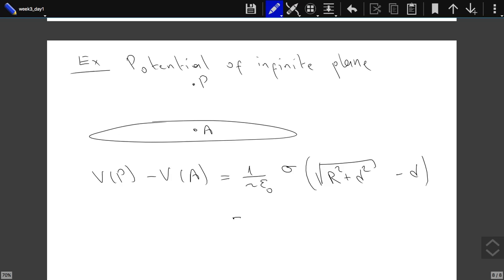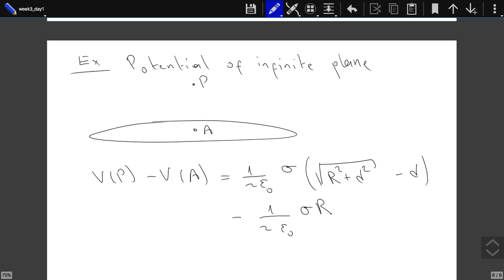The potential at the point A is the point for which d is equal to 0. So if you set d equal to 0, this is just R, giving 1 over 2 epsilon 0 sigma times R.